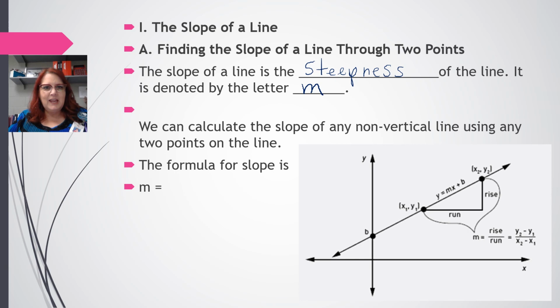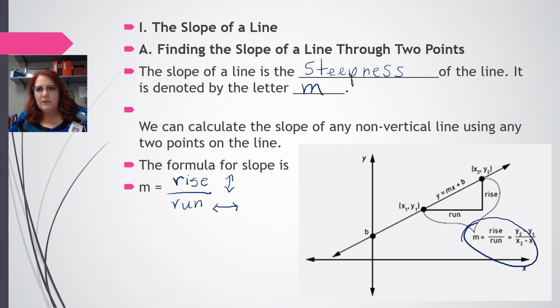All right, so we're going to calculate non-vertical lines using any 2 points on the line. So the formula for that slope is going to be M is equal to the rise over the run, and the rise is our vertical, and our run is our horizontal. And we've got the formula written right over here for us.